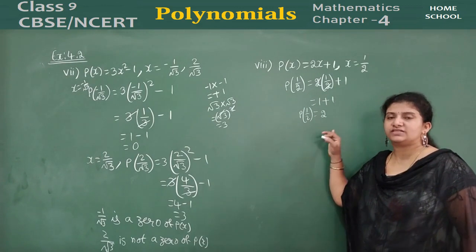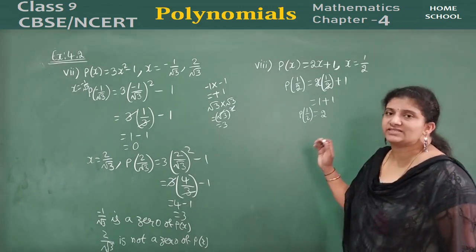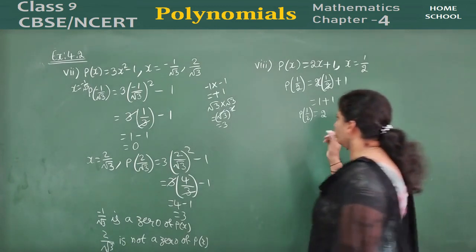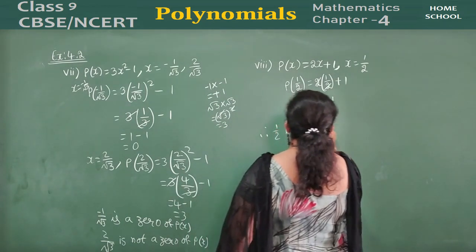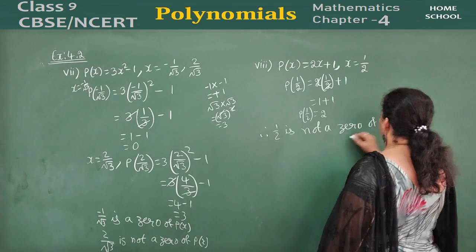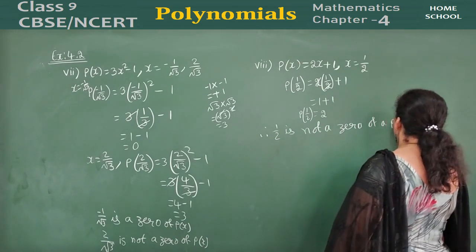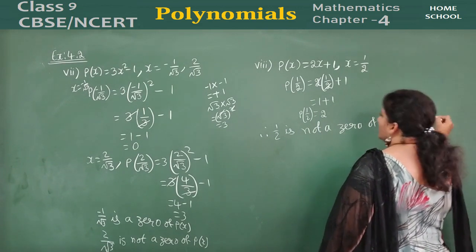No, we did not get 0. Some other value we got. So you can say it is not a zero of a polynomial. Therefore, 1 by 2 is not a zero of the polynomial.